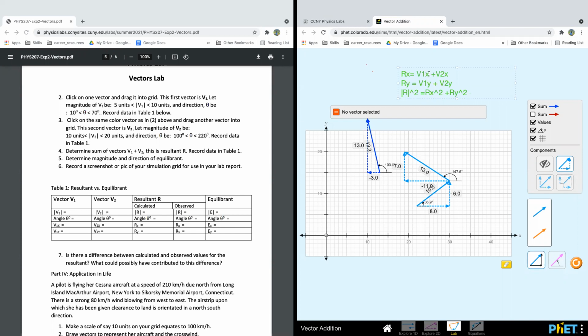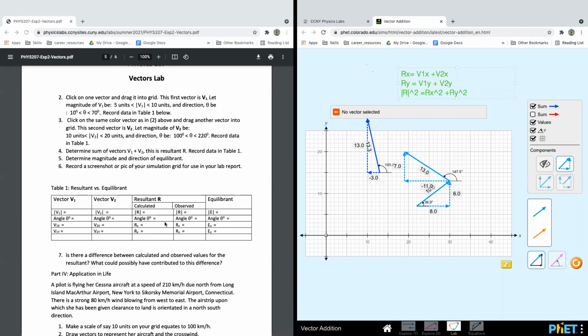So v1x and v1y you can get from vector 1, and v2x, v2y you can get from vector 2. Then you get the Rx and Ry, and you put it here, and then you can calculate the R and the angle here.